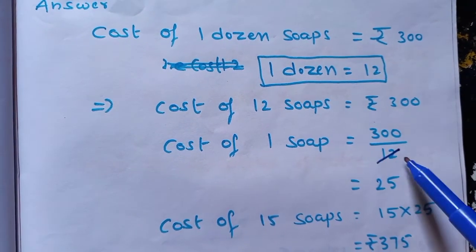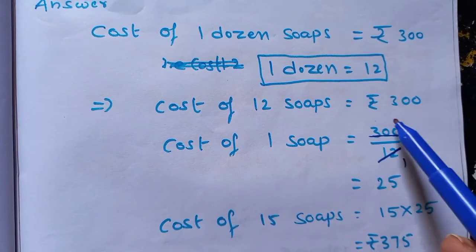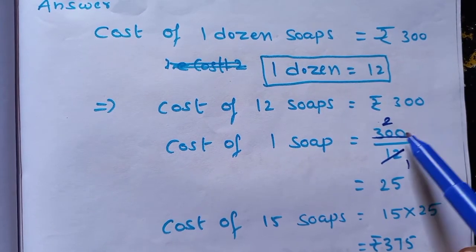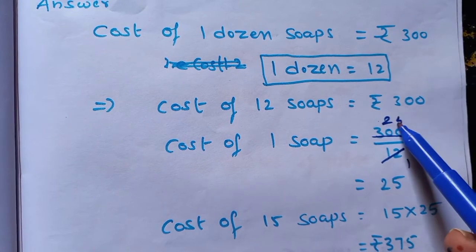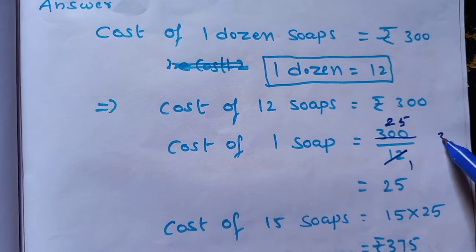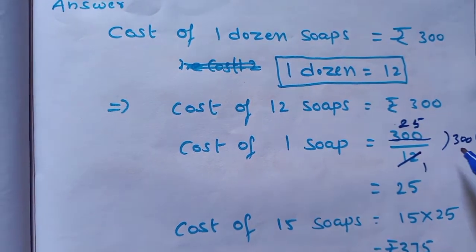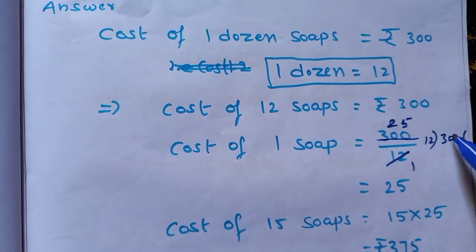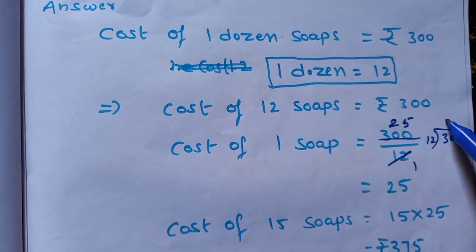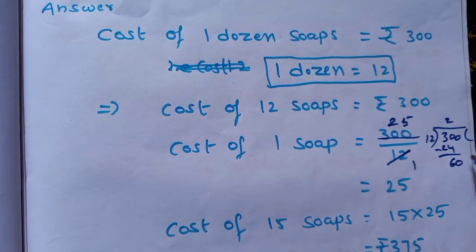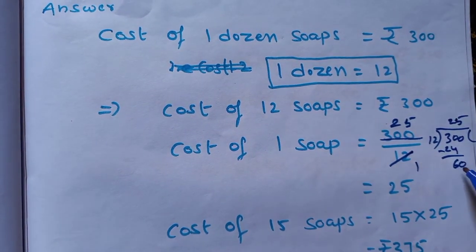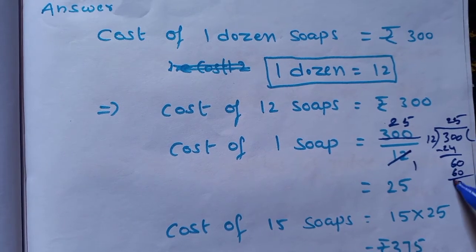Now 12 cancellation: 12 2s are 24, and 6 is the remainder, and 12 5s are 60, remainder 0.